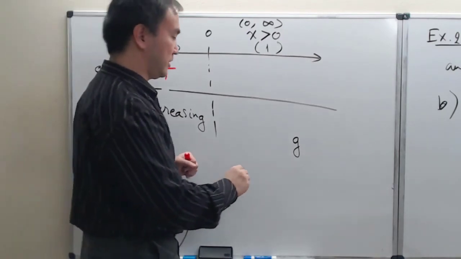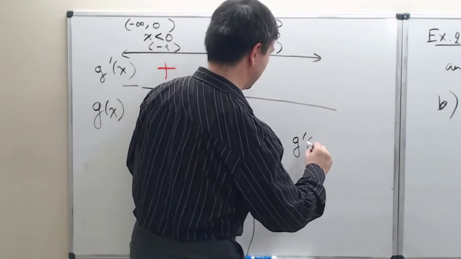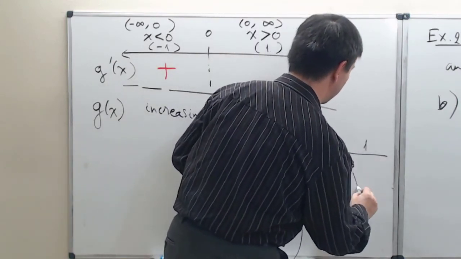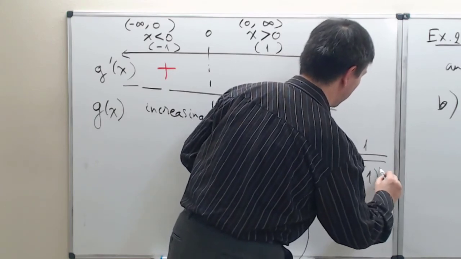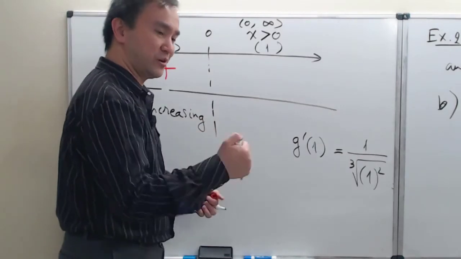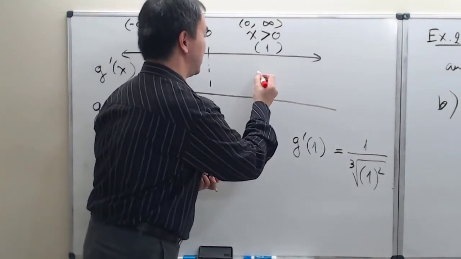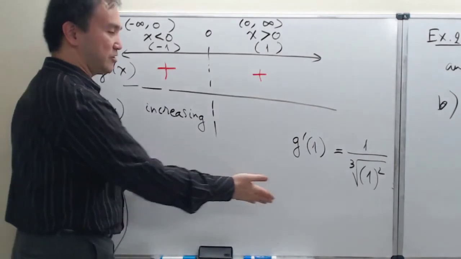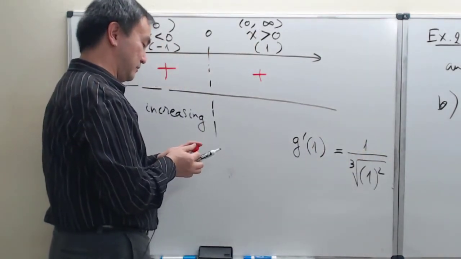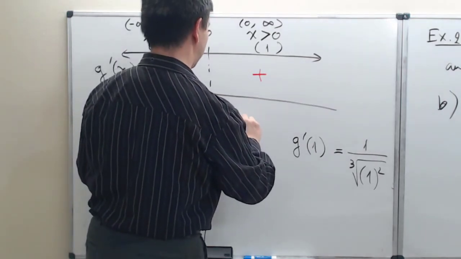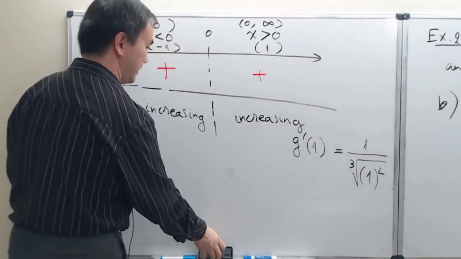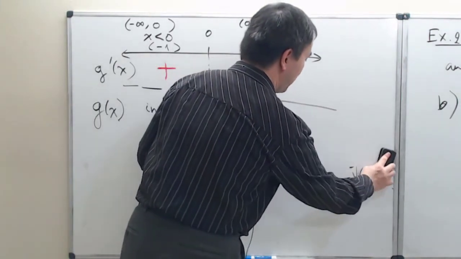So g prime at 1 is 1 over the cube root of 1, all squared. With this value, I'm pretty sure the final sign will be positive again after that calculation. And so my function is increasing again.